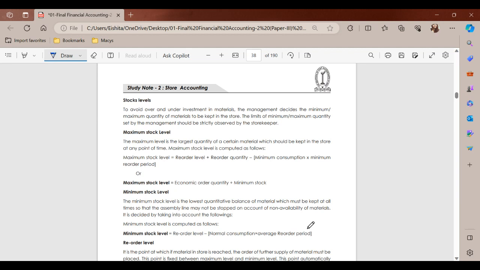Maximum stock level is computed as follows. Maximum stock level is equal to reorder level plus reorder quantity minus minimum consumption into minimum reorder period. These formulas you should learn by heart, so you can get a question about this.